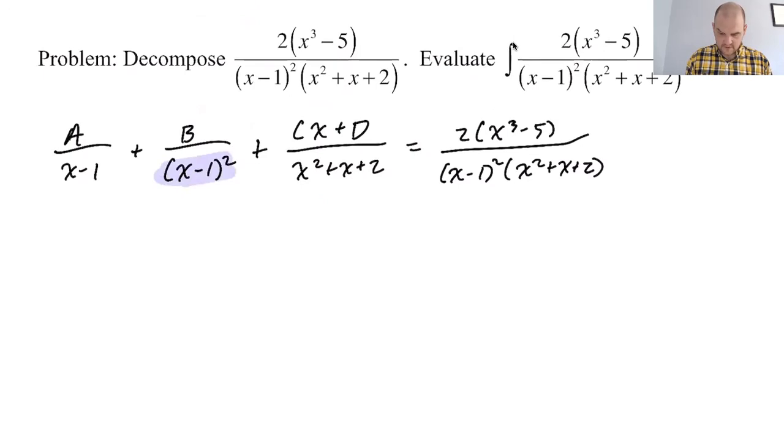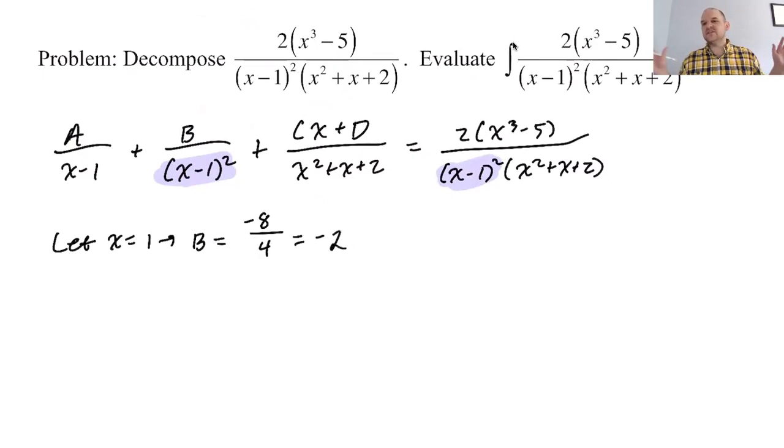If I let x equal 1, we cover up this, and every other x that we see is going to be 1. So that's 2 times negative 4, which is negative 8, over 1 plus 1 plus 2, which is 4. So b is negative 2. That's a nice easy start to the problem.